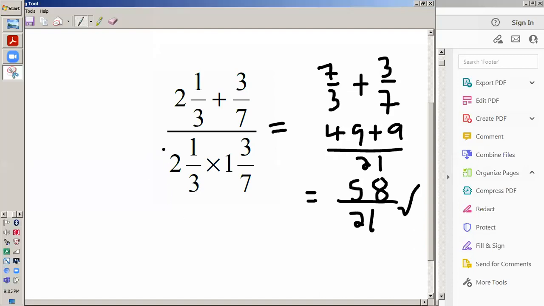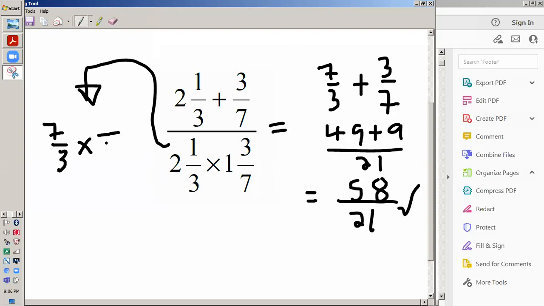That's this part here. So we're going to divide 3, 2, 6, and 1, 7. So we're going to have 7 over 3. Divide by 7, 10 over 10.